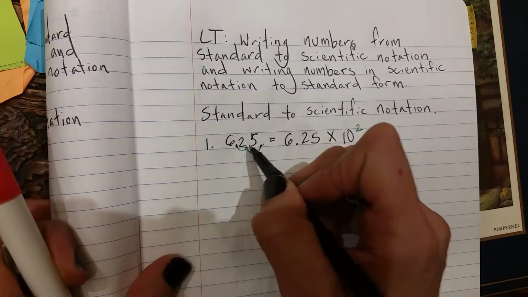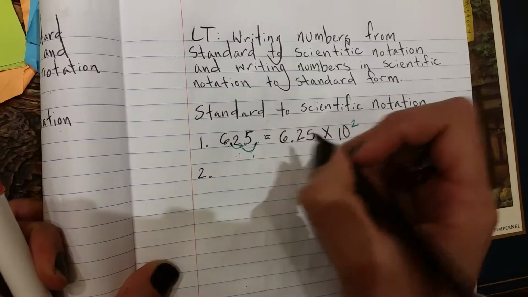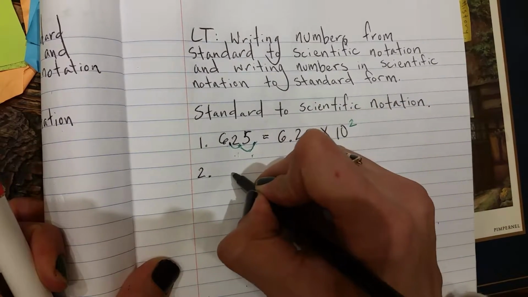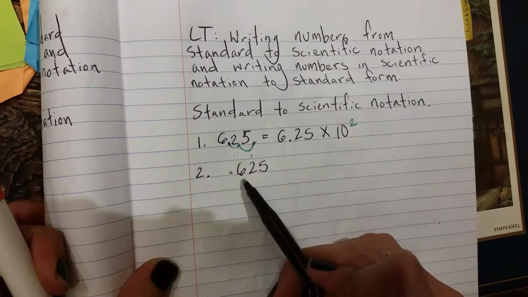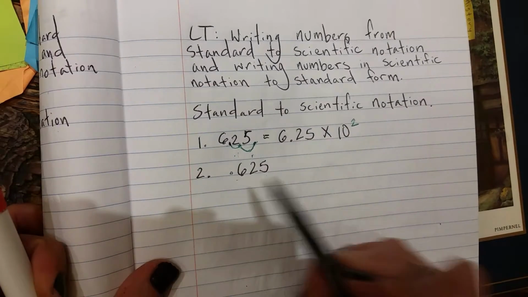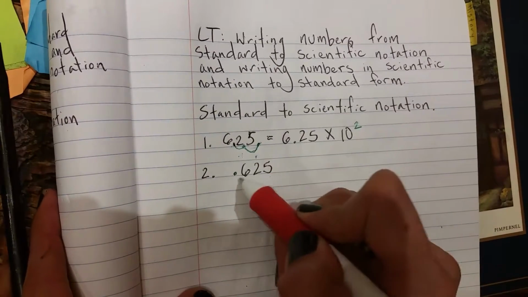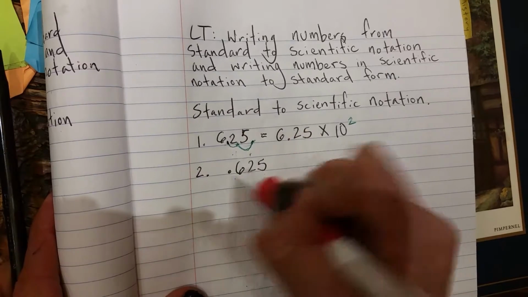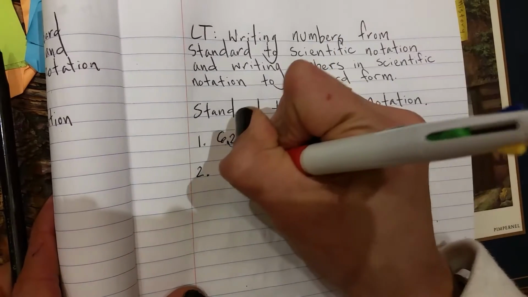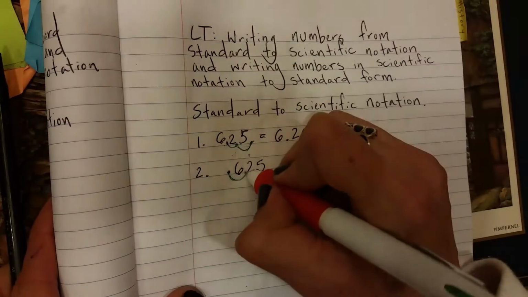Okay, that's nice if I have 625, but what if I have a decimal number already? For example, 0.625. All right, so now this is a decimal point, and I'm still trying to find a leading digit. In order to find a leading digit for this, I have to move my decimal point in a positive direction. So I'm going to move it over once.